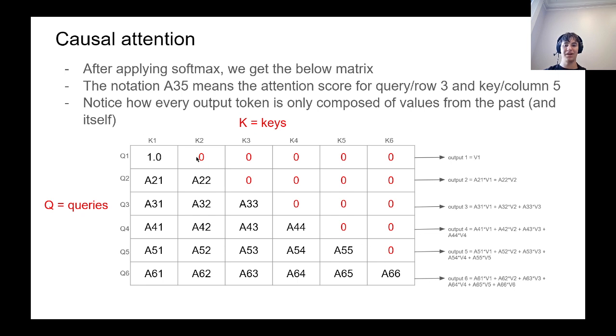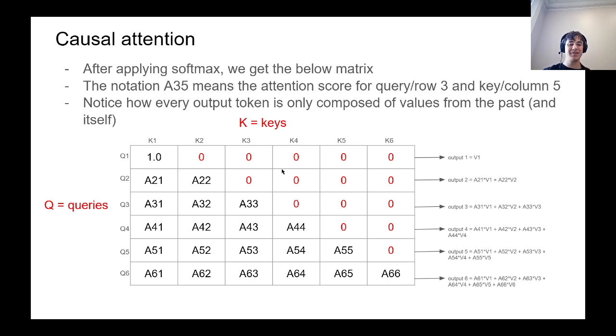That's why it's only up to the diagonal: the diagonal represents the token attending to itself, while below the diagonal you have tokens from the past sending information to that token. So output 1 is only a combination of v1, output 2 is a combination of v1 and v2, output 3 is a combination of v1, v2, v3. I reiterated that a bunch, hopefully it makes sense. Basically, only taking the past, where the past is backward.